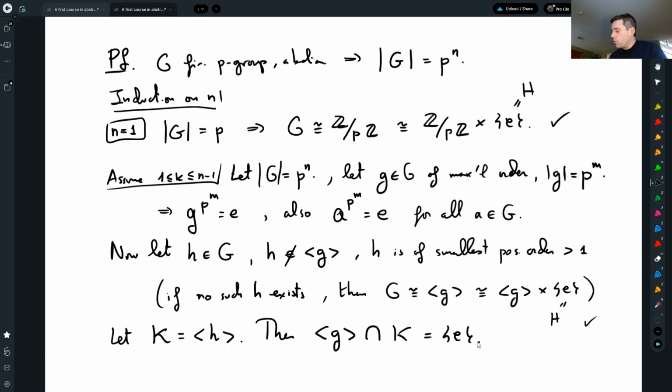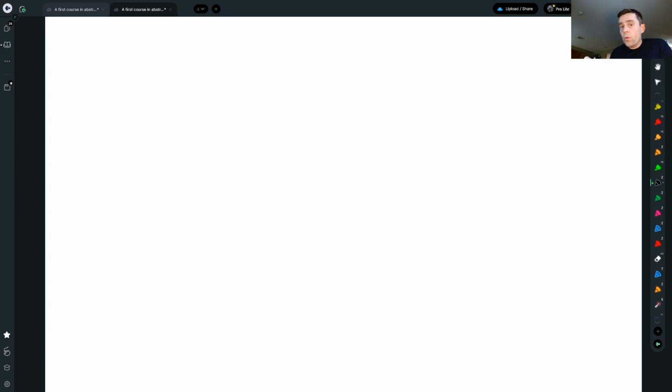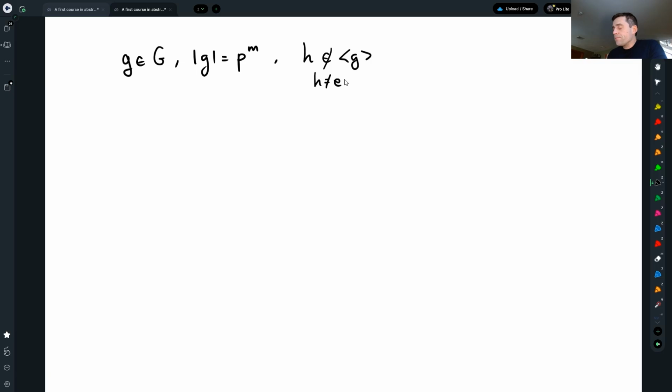Okay, so what does this get me? We have some element g in G that has the largest order in G, and I have an element h also in G that is not in the subgroup generated by g. In particular, h is not the identity. And with the smallest possible order, I'm going to let K be the subgroup generated by h.